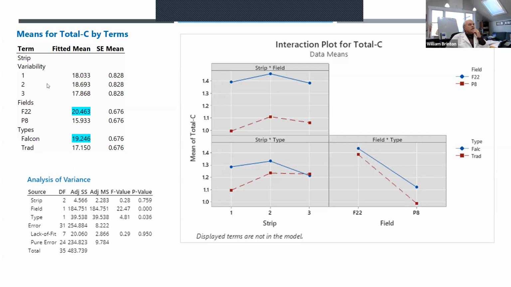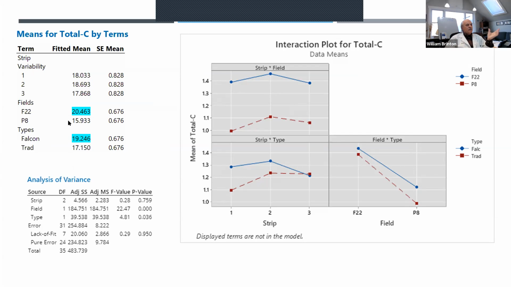But look how strong these differences are when you summarize them all. The variability of total carbon in tons per hectare was very small, going from 1 to 2 to 3. So there's not a lot of variation going in from the road, but the field differences were very large. And we all know that fields are different.